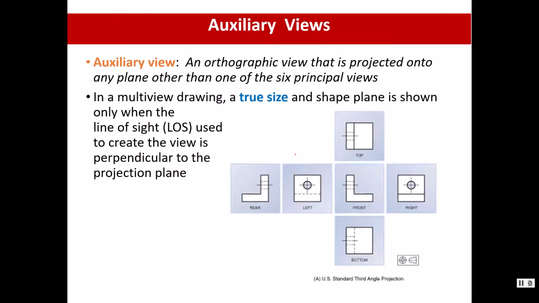So imagine this is the 6 principal view, third angle, in which a true size and shape plane is shown only when the line of sight used to create it is perpendicular to the projection plane.